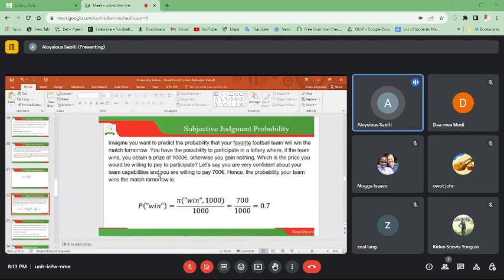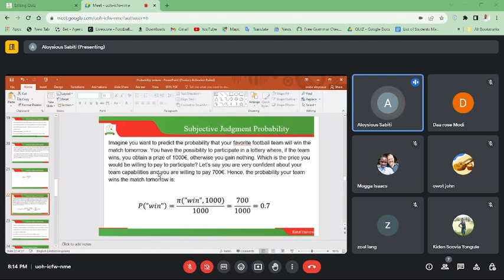So, let's say you are very confident about your team's capabilities and you're willing to pay 700 euros. Hence, the probability your team wins the match tomorrow will be calculated as follows. The pie is the constructive assumption that if your team wins, you will be able to earn 1,000 euros.